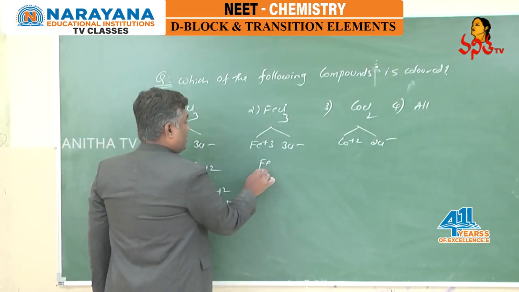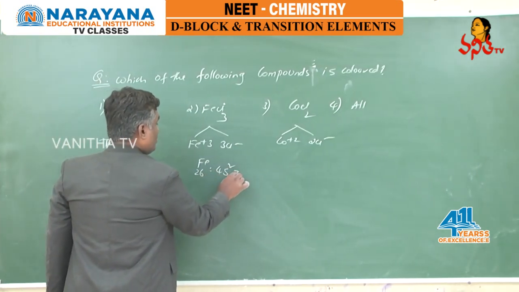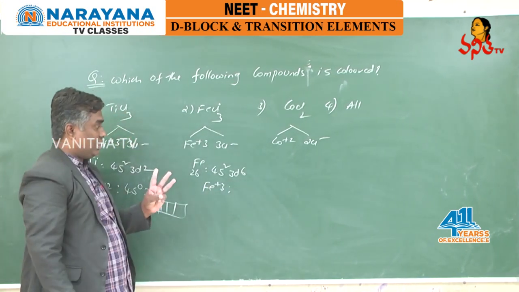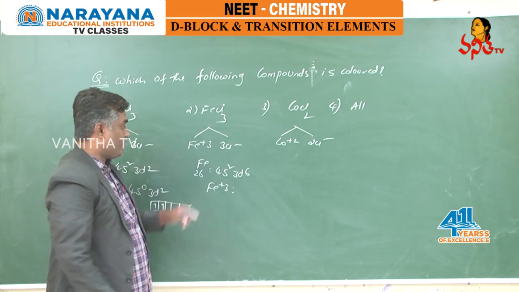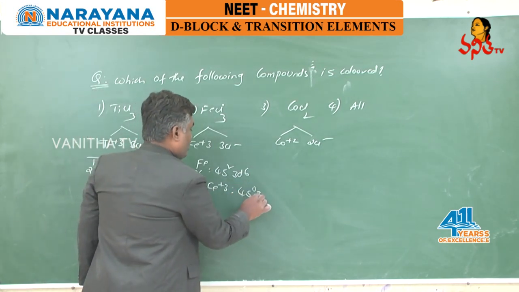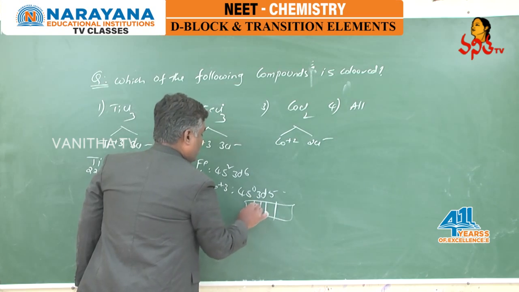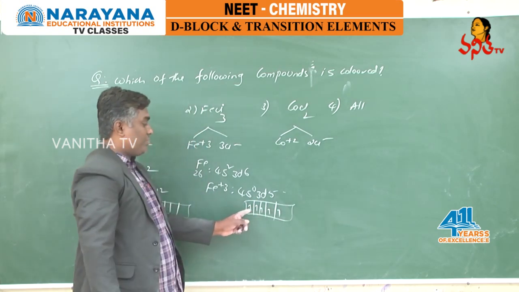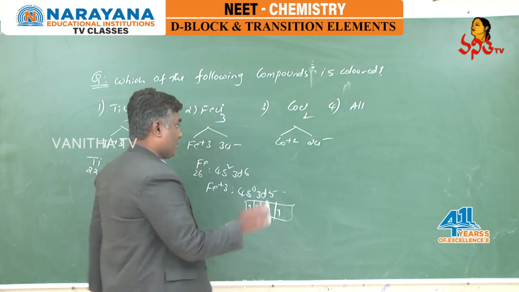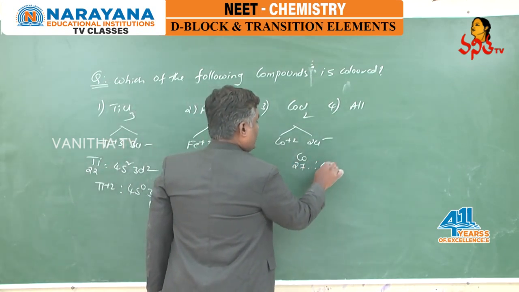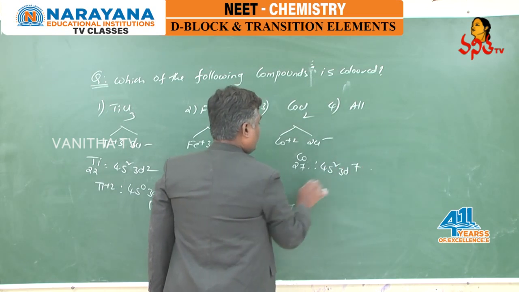Again here, iron 26, 4s2 3d6. Iron plus 3 is given, loss of 3 electrons, 2 from here, 1 from here, 4s0 3d5, meaning 1 2 3 4 5. Unpaired electrons are present, it exhibits color. Cobalt 27, 4s2 3d7.